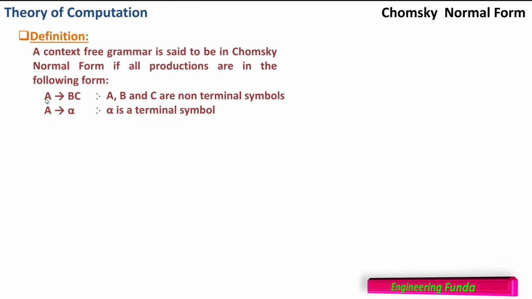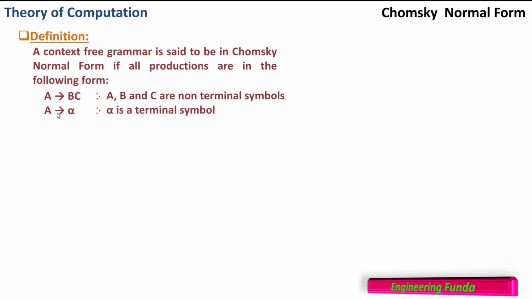So either your production should be of this form A tends to BC, where you have one single non-terminal on the left hand side and exactly two non-terminals on the right hand side, or it is of the form A tends to alpha, where alpha is a terminal symbol.